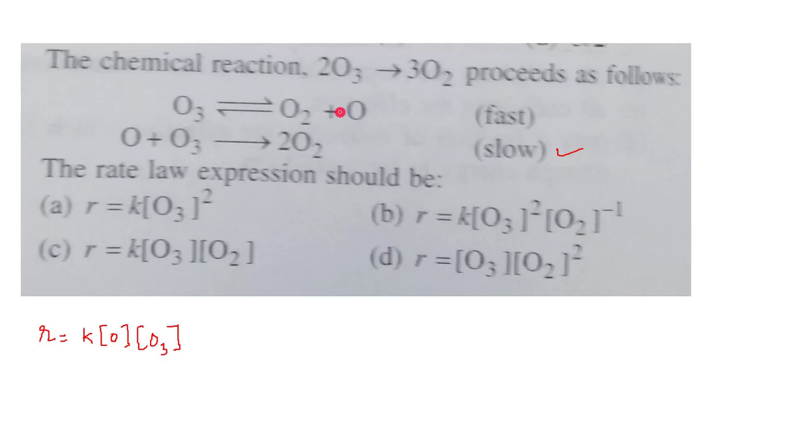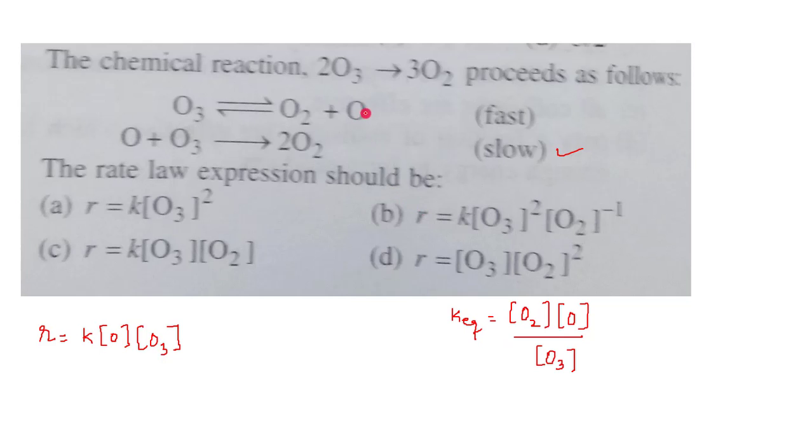Look at the first equation, then you will get the correct value of O. So you will apply here the equilibrium constant expression. So what will be that one? We'll be writing K equilibrium is equal to molar concentration of O2 into molar concentration of O divided by molar concentration of O3. From where are you getting this?